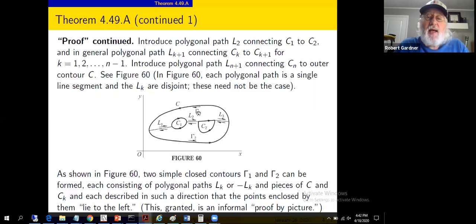You get the L's to cancel, you're left with the whole integral about C plus the integrals about C1, C2, and so forth in general. So the picture tells a whole story. The picture and the orientations they put on those contours really tells the whole story.